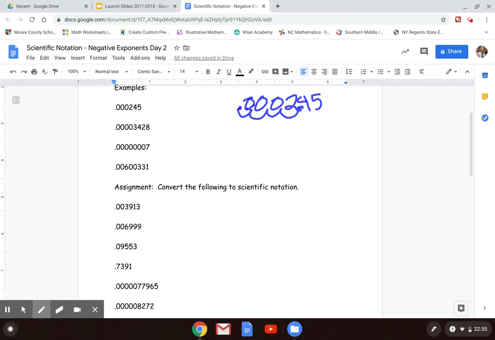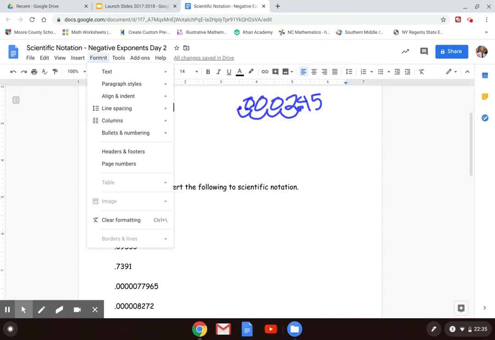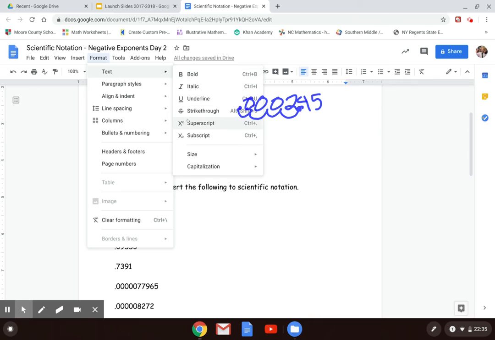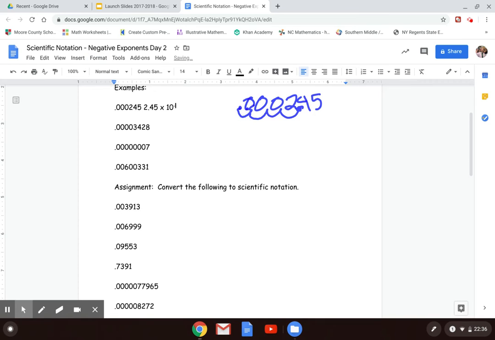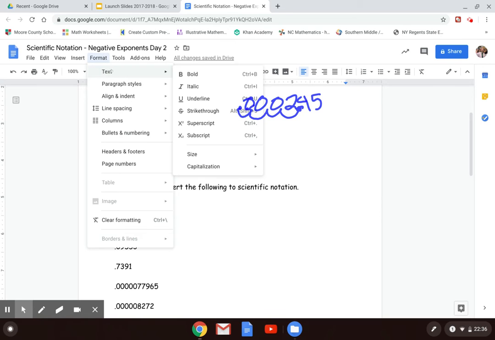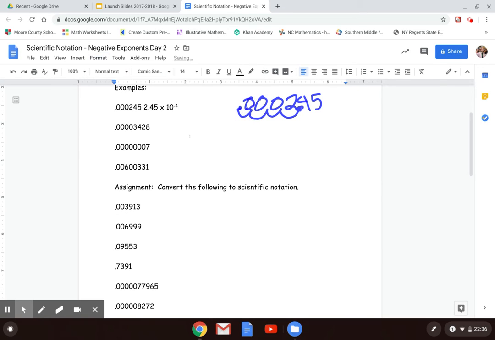Since I moved 4 places, I'm going to type 2.45 times 10, and I moved a total of 4 spaces, so that's going to be 10 to the negative fourth. That's the first one.